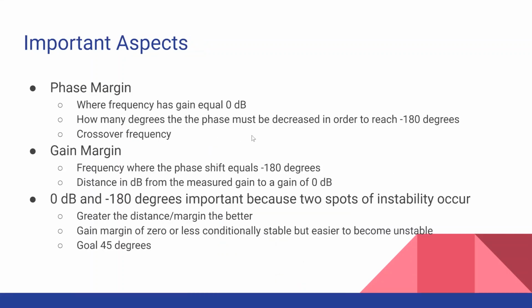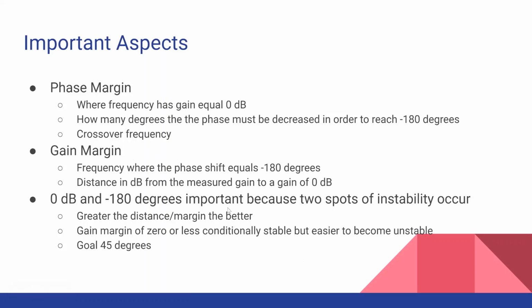Looking at important aspects, there are two main important aspects. One is the phase margin and the other is the gain margin. Phase margin is where you look at where it equals 0 decibels on the top graph, and then you go down and look at where that point is and see how many degrees it takes to get to negative 180.